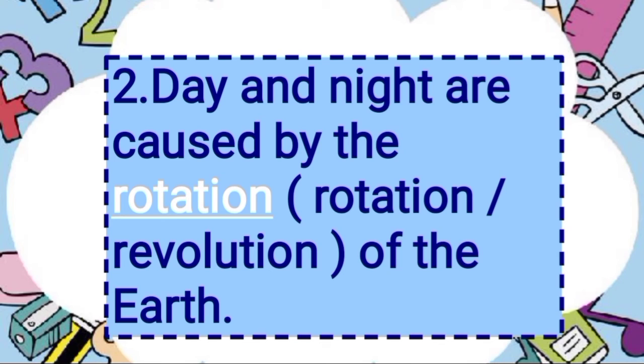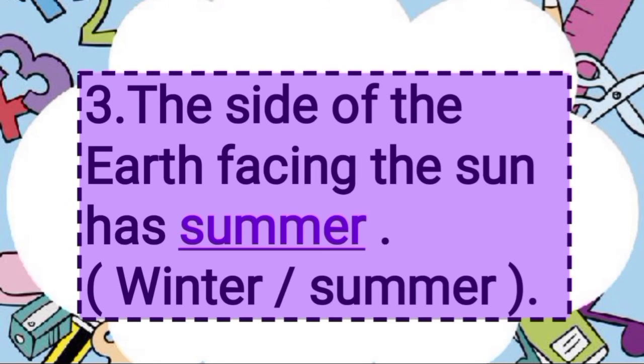Options are: first option, rotation. Second option, revolution. So the answer is rotation, means day and night are caused by the rotation of the earth.